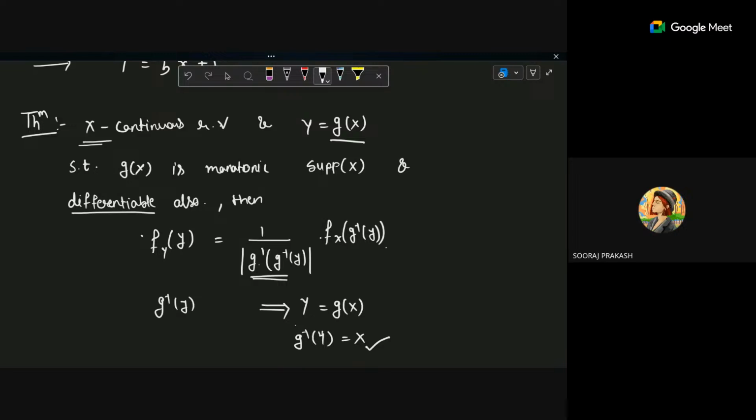So whenever a function is strictly monotonic, your function is automatically one-to-one. Strictly monotonic plus continuous.